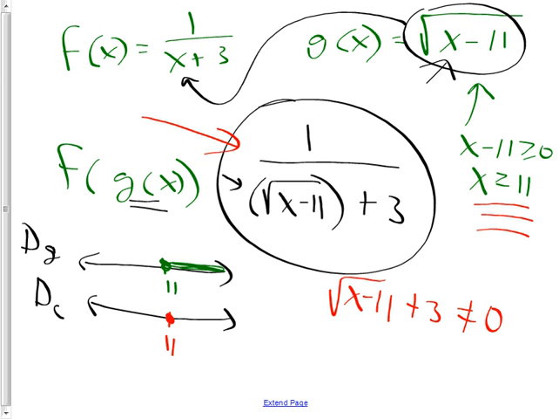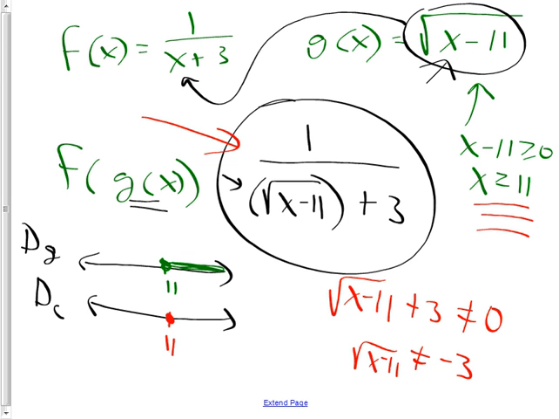All right, tell me this, though. If you have the square root of x minus 11 cannot be negative 3, could you ever have a square root come out to negative 3? No. So it will never be 0.